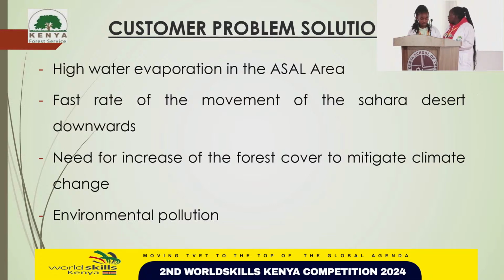Under the high evaporation in the arid areas, as you all know, the Sahara desert moves towards us 1 kilometer each year. And by the use of the specimen of 5 meters by 5 meters, we are going to cover 1.8 kilometers each year.